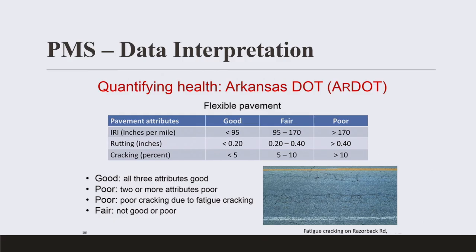So there is a little bit of leeway; they cannot consider the states to have the exact same thing. They have to have some flexibility. But generally speaking, after you average everything together, you come up with which ones are good, which are fair, and which are poor.